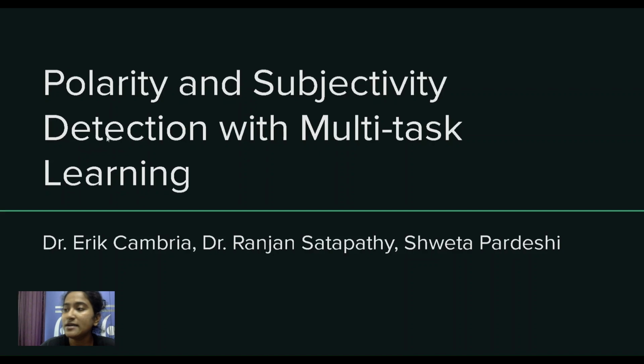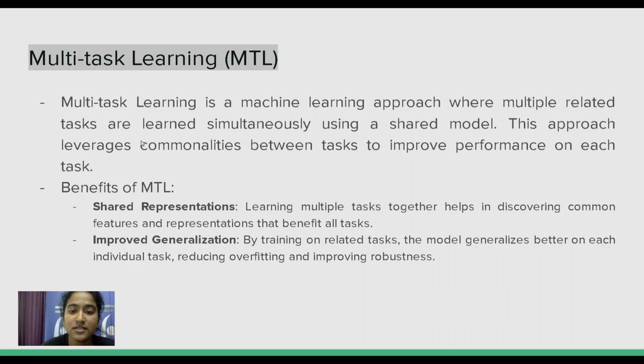So let's start by understanding multitask learning, or MTL. MTL is a machine learning approach where multiple related tasks are learned simultaneously using a shared model. This approach leverages the commonalities between tasks to improve the performance on each task.